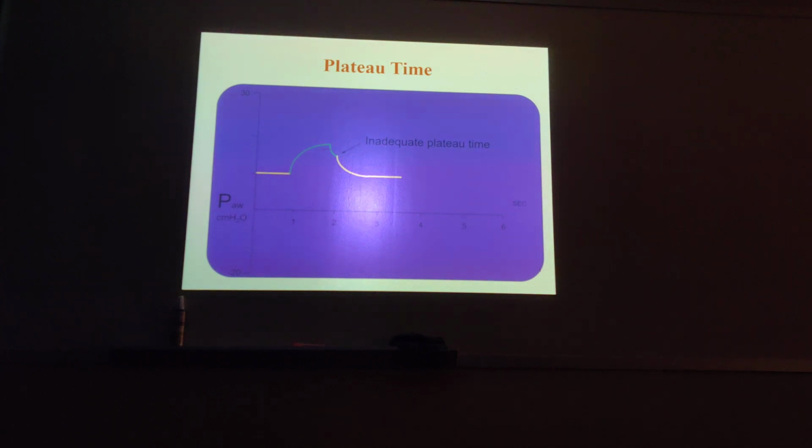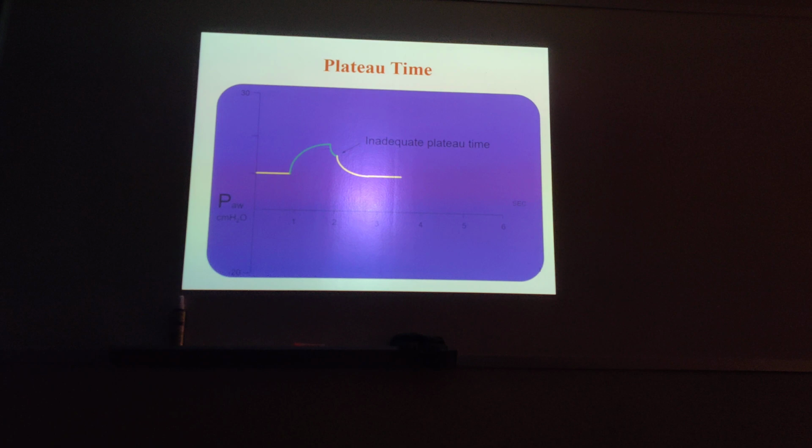So this is where you are checking your plateau pressure. If you want to check your plateau pressure on volume control mode, you do your inspiratory pause, and then you're going to have your PIP, and then you're going to have your plateau here.